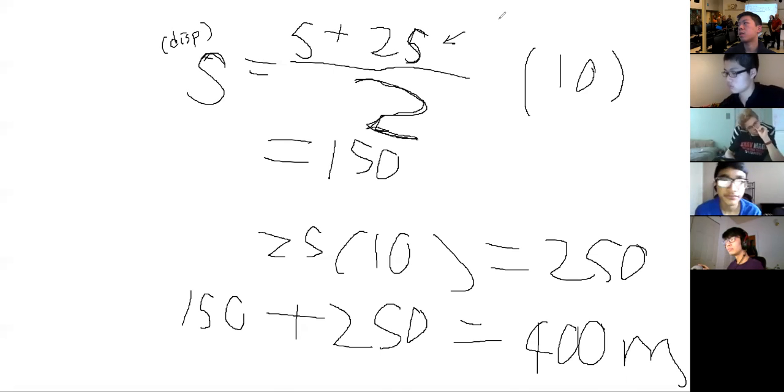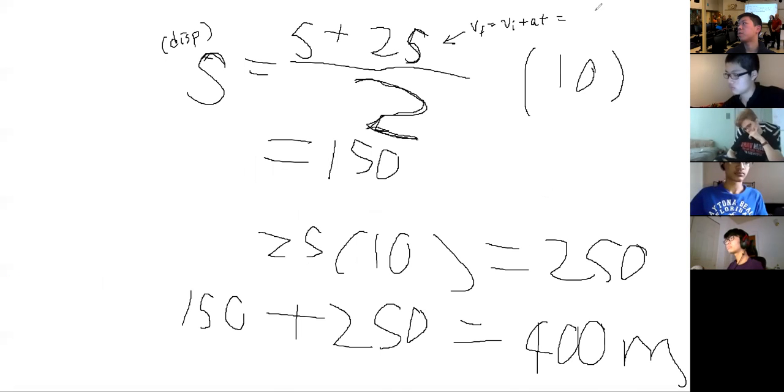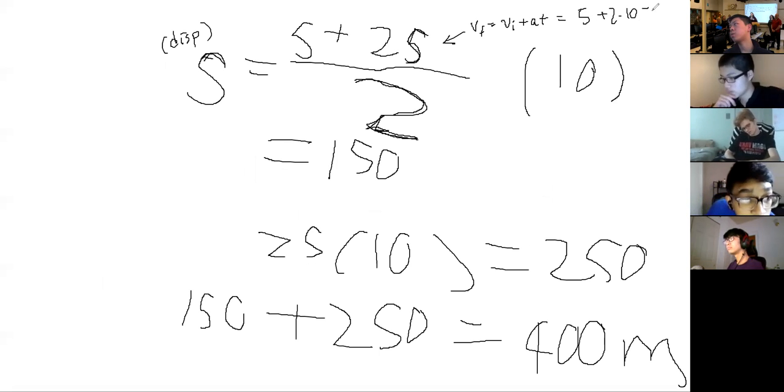Because the final velocity is equal to, using the first equation, VI plus AT, where VI is equal to 5, so 5 plus 2 times 10 is equal to 25.